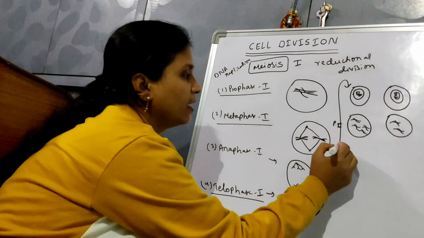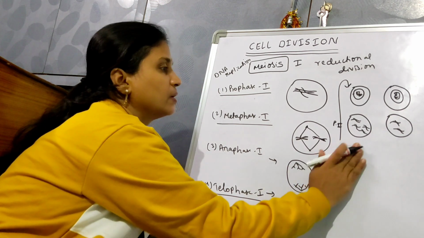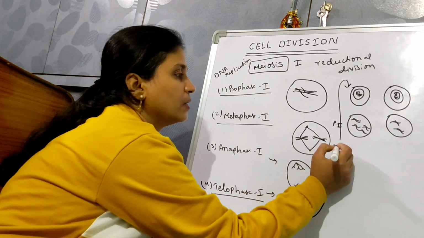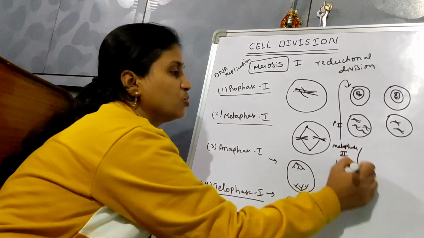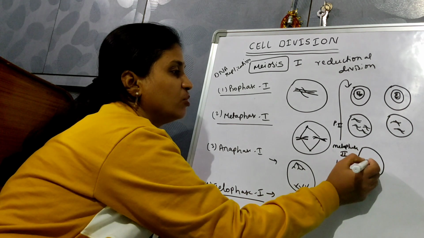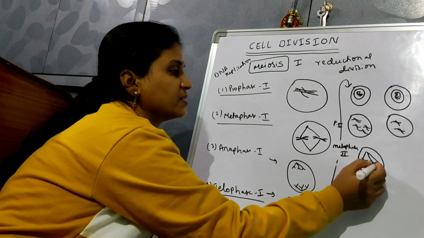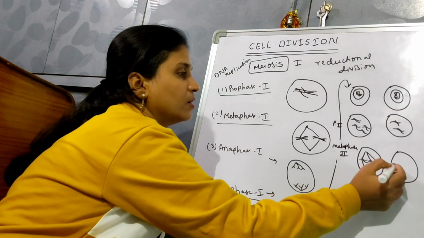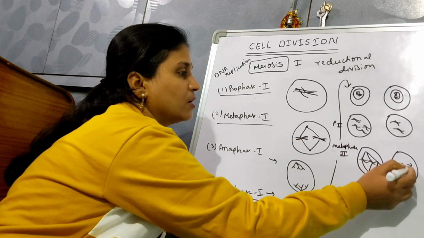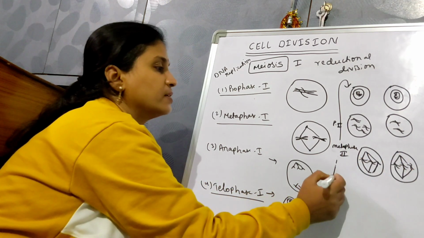Then in metaphase 2, they are going to align at the equatorial plate with the spindle fibers like this.